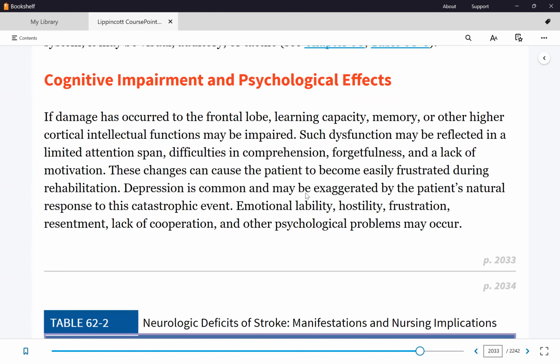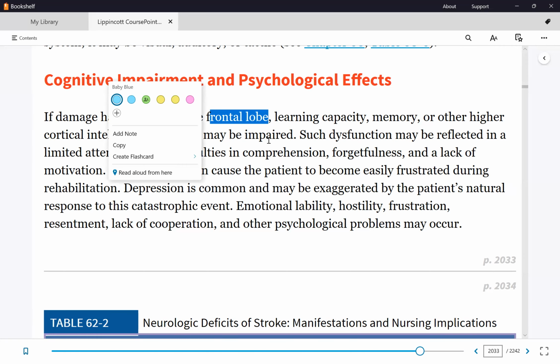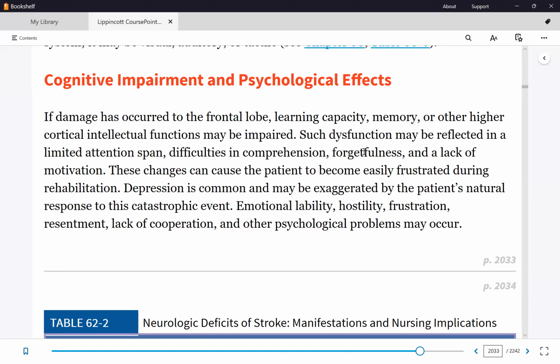Other impairments will be involving mood as well as cognition, meaning it will affect intelligence, and then there will be some mood changes as well, especially a frontal lobe stroke, because that's where those functions are stored. Learning, memory, and other intellectual functions are in our frontal, and some emotions are also there. So these patients will, of course, have difficulty.